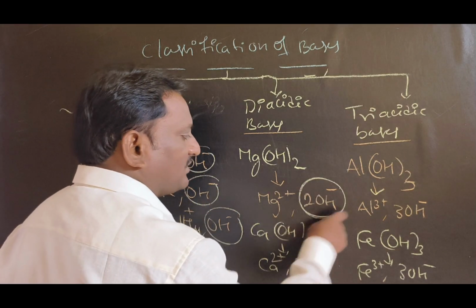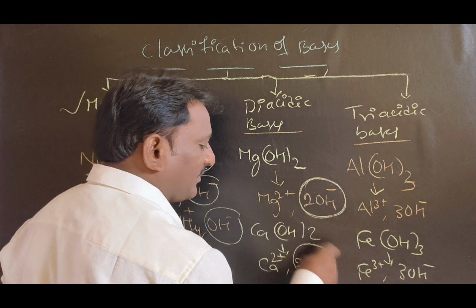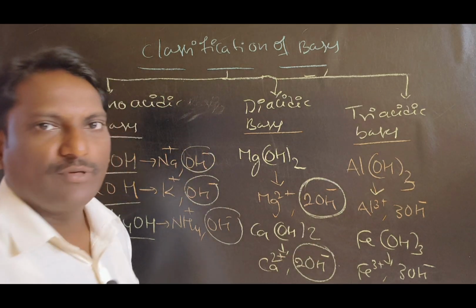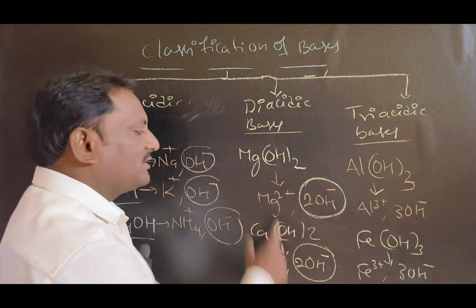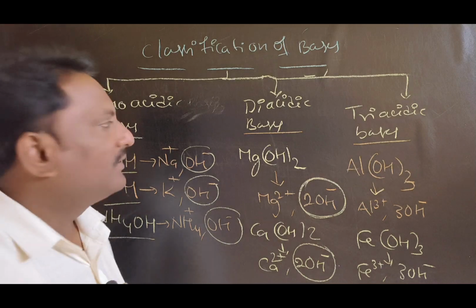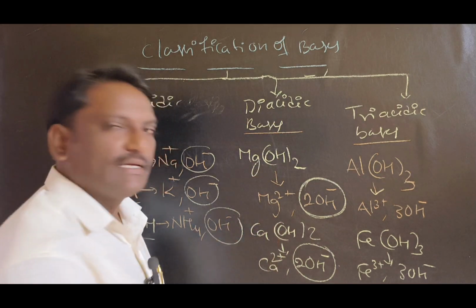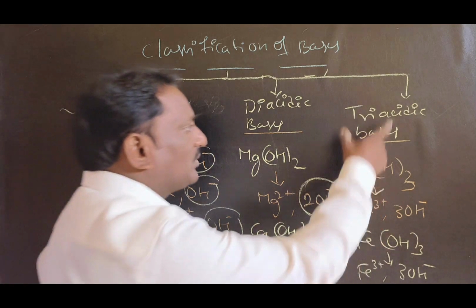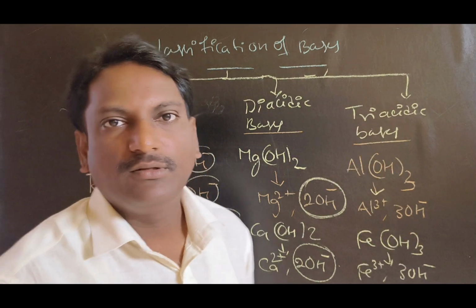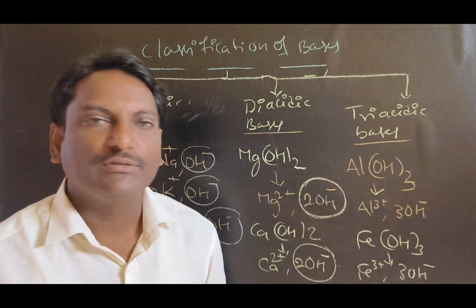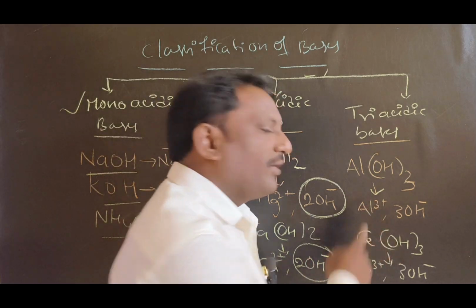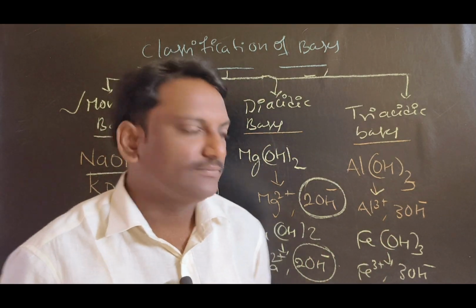Magnesium hydroxide, milk of magnesia, and slaked lime are diacidic bases. Next, triacidic bases produce 3 OH minus ions per molecule.